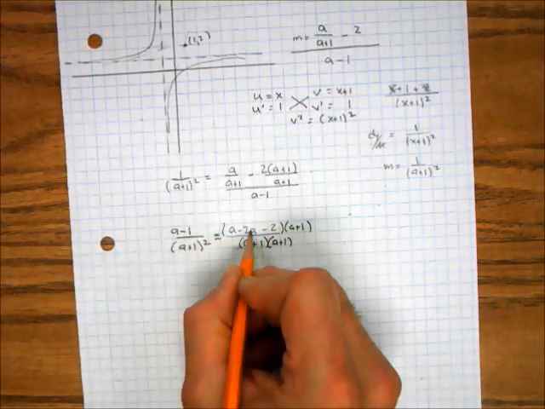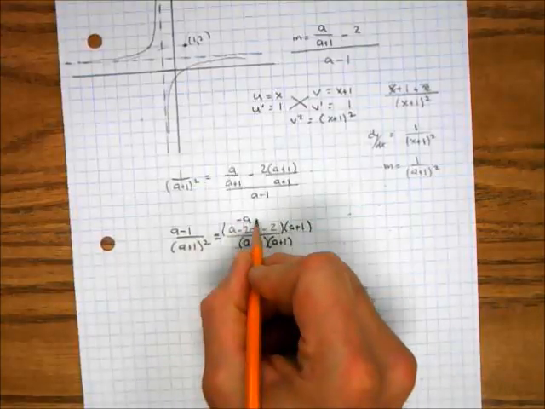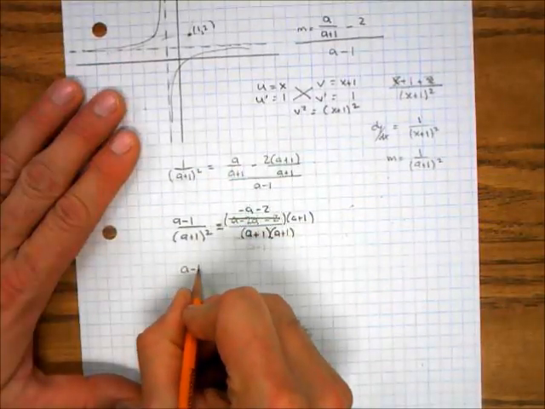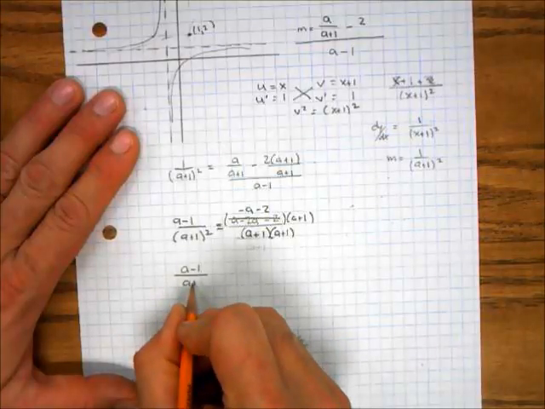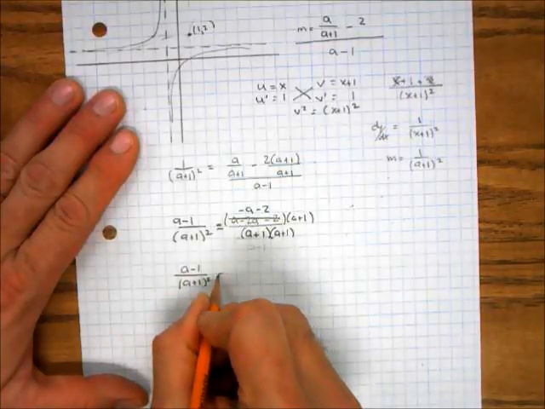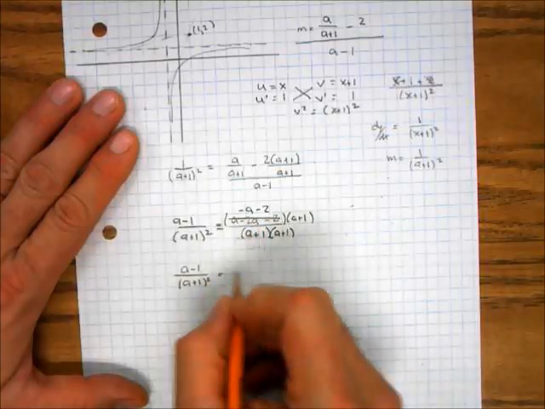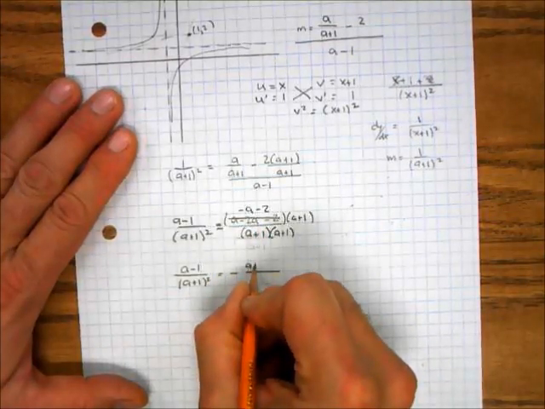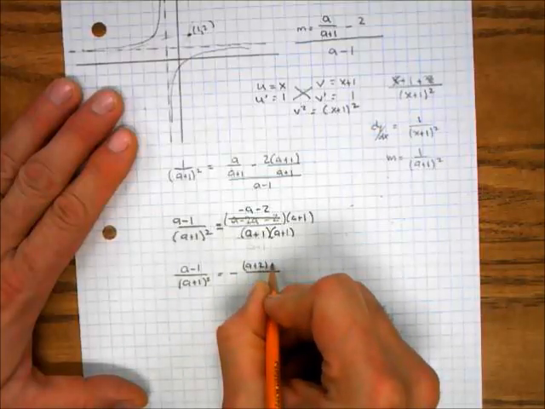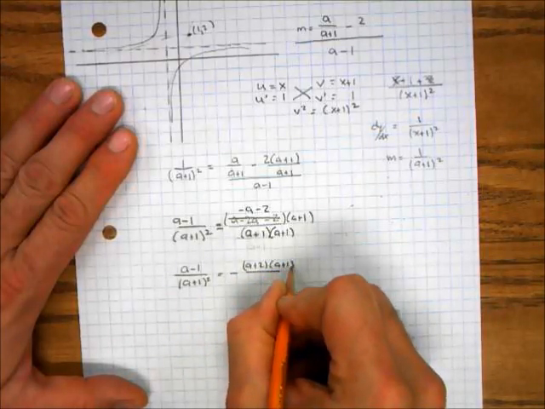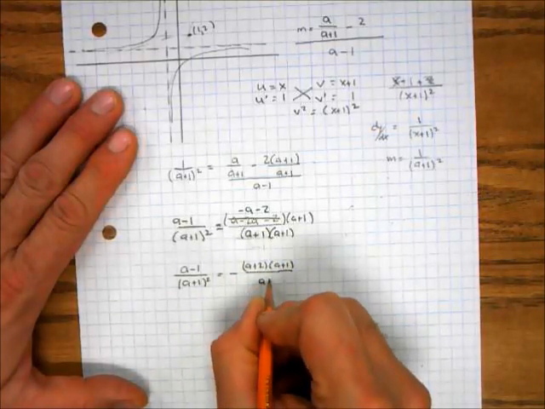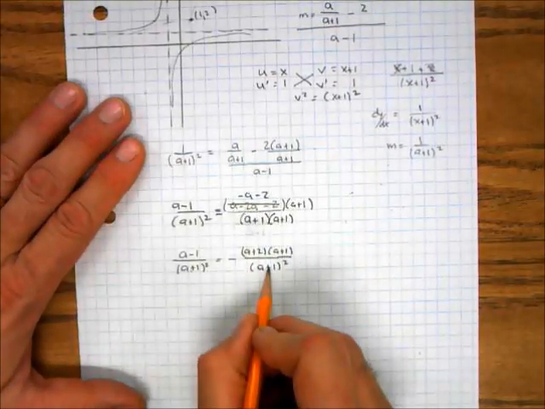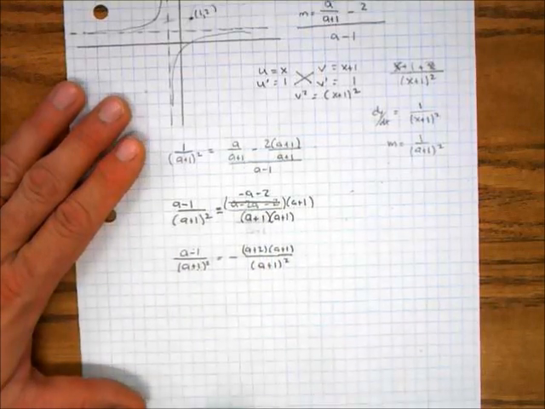And this simplifies to negative a minus 2. So I have this a minus 1 over a plus 1 quantity squared is equal to negative the fraction a plus 2 times a plus 1 over a plus 1 squared. Okay, being that the bottoms are equal to each other, the tops are therefore equal to each other.